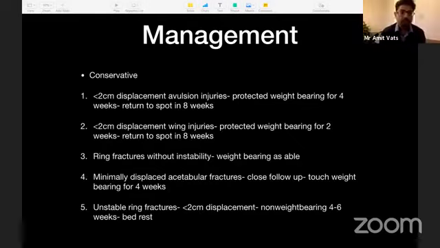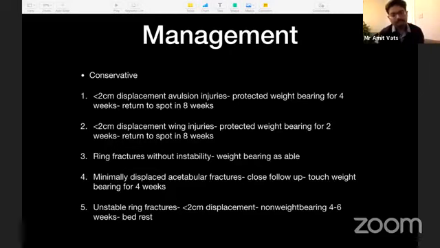Less than 2 centimeter displacement wing injuries, protected weight bearing, and then again return to sports in 8 weeks. Ring fractures without instability can be managed by weight bearing as the child is able.